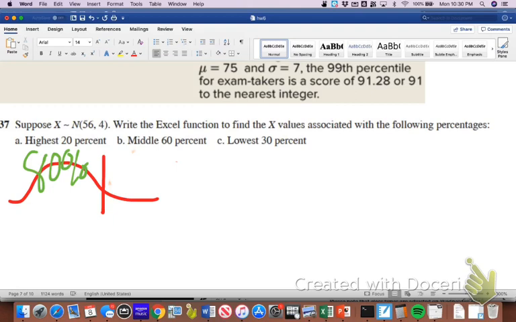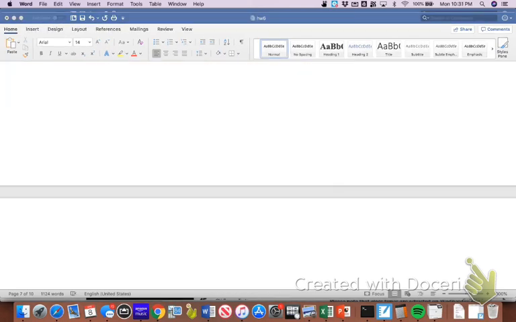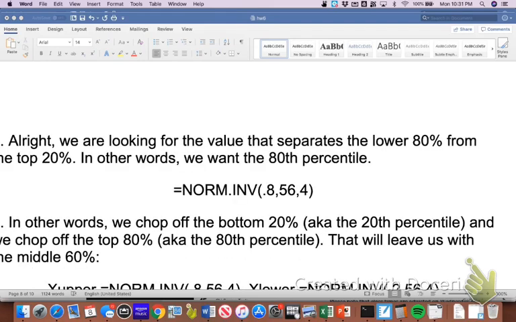So when we put the formula into Excel for this one, we're not going to use the 20. We're going to use the 0.8 to represent the 80th percentile. And there is our mean and our standard deviation. Voila. You just type it in there and it's good to go.